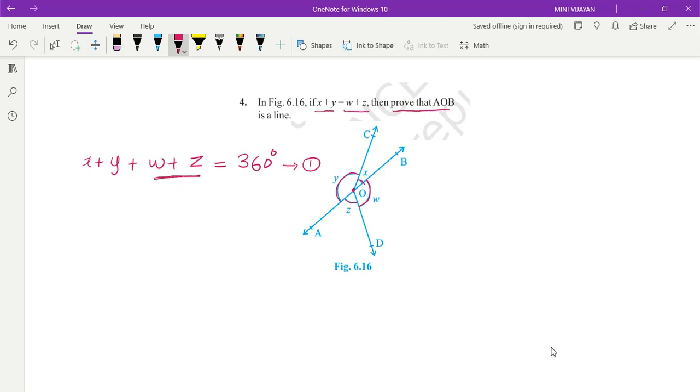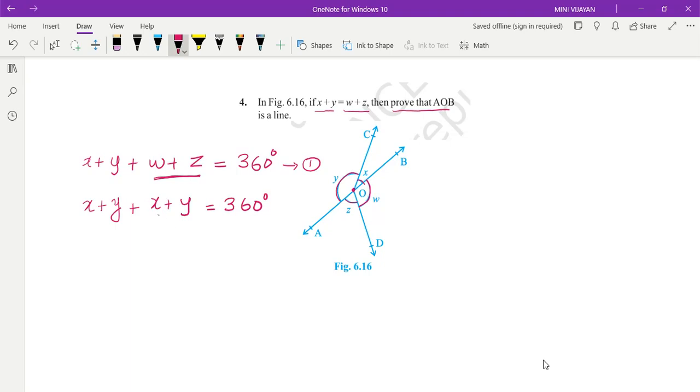By x plus y, because w plus z is equal to x plus y. So just replace this w plus z with x plus y. So x plus y plus x plus y is equal to 360. Clear?